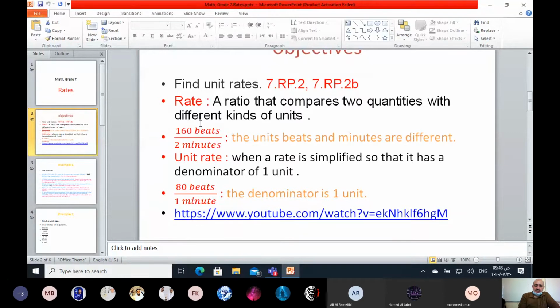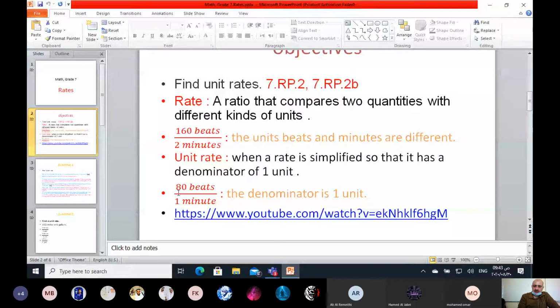Now, what is the difference between rate and unit rate? Unit rate: when a rate is simplified so that it has a denominator of 1 unit. When you have a ratio between different units, but in the denominator you always have 1, the name of this rate will be unit rate.